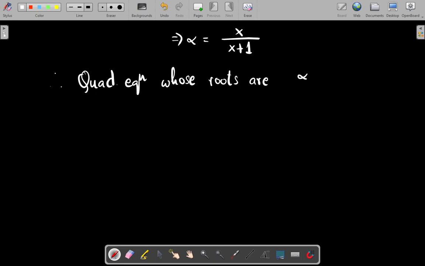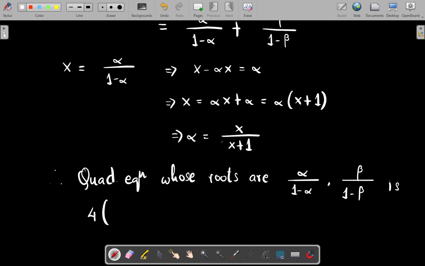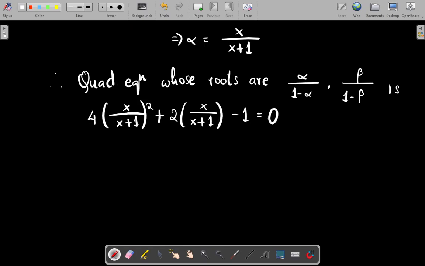The quadratic equation whose roots are alpha upon 1 minus alpha and beta upon 1 minus beta is given by, instead of x in this equation, using this value x upon x plus 1: 4 times x upon x plus 1 whole square plus 2 times x upon x plus 1 minus 1 equal to 0.